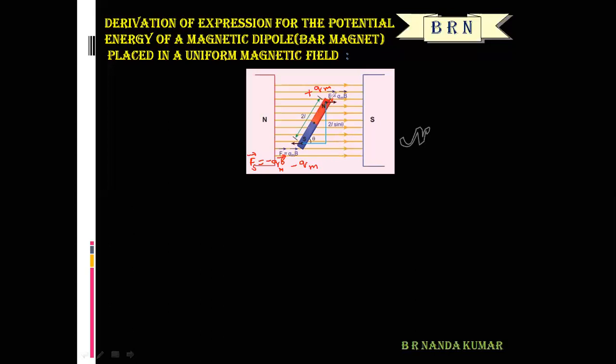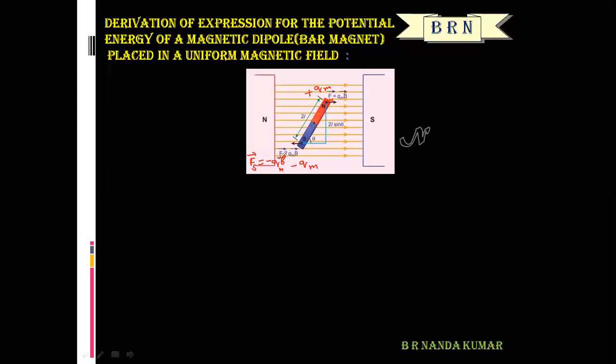The force on the north pole is along the direction of the magnetic field, but the force on the south pole is opposite to it.